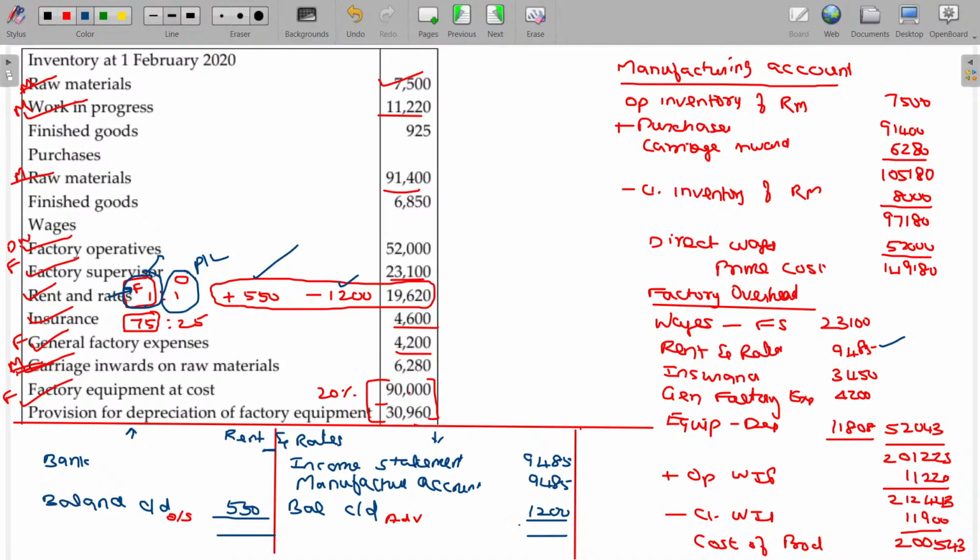And if I tally, then the total value being 20,170, this value being 19,620, balancing figure. Instead of naming this bank, you can name this total to date. Up to this date, how much amount is spent, you can write this way. And don't forget to rewrite this on the next side also. Balance brought down 550, and here balance brought down 1200. Clear?